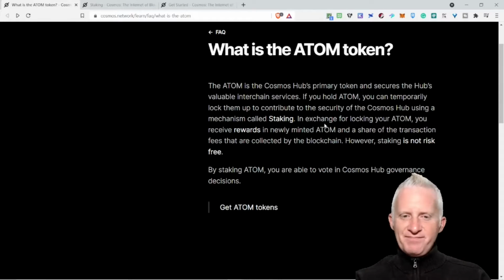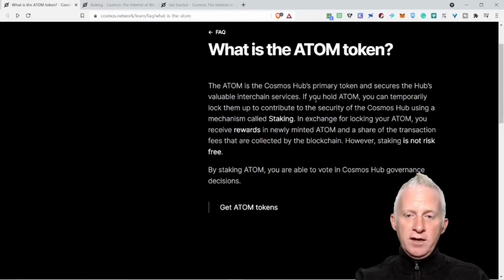Sorry about it. The Atom is the Cosmos Hub's primary token and secures the Hub's valuable interchange services. If you hold Atom in your wallet, you can temporarily lock it up. You lock it up to contribute to the security of the Cosmos Hub using a mechanism called staking.